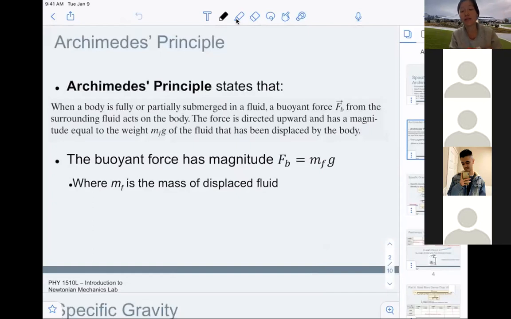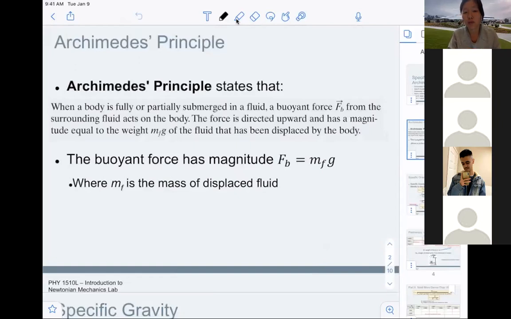So you can see that the water that has been displaced has the same volume as the object you immerse in water. If it's 25 meters cubed, then exactly 25 meters cubed of water has been displaced.